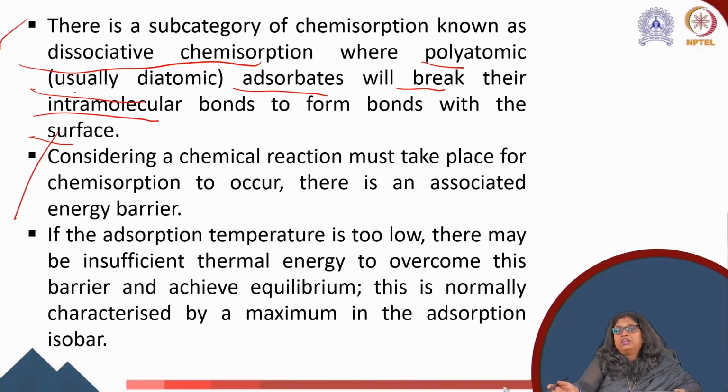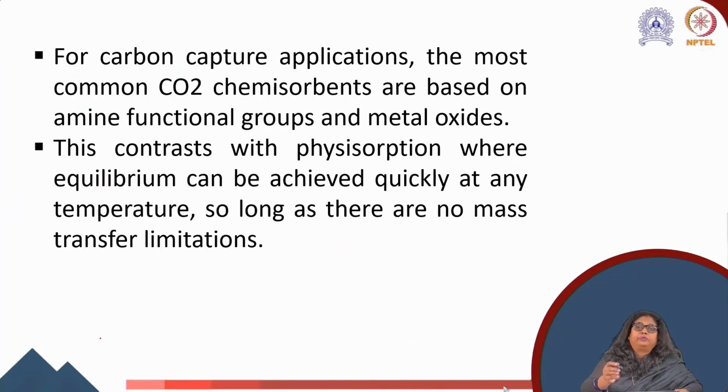Considering a chemical reaction must take place for chemisorption to occur, there is an associated energy barrier. So if the adsorption temperature is too low, there may be insufficient thermal energy to overcome this barrier and achieve equilibrium. This is normally characterized by the maximum in the adsorption isobar.